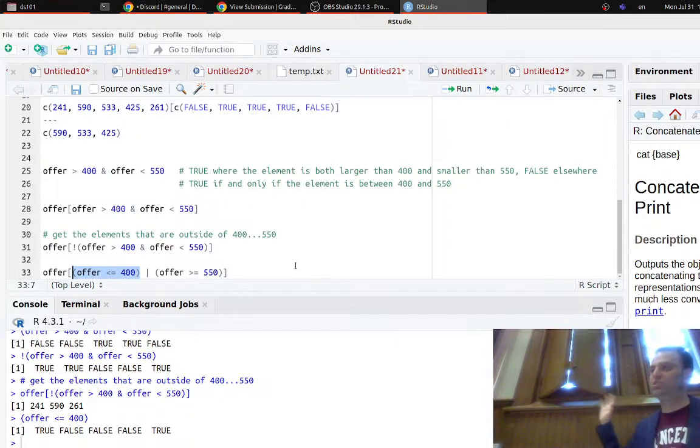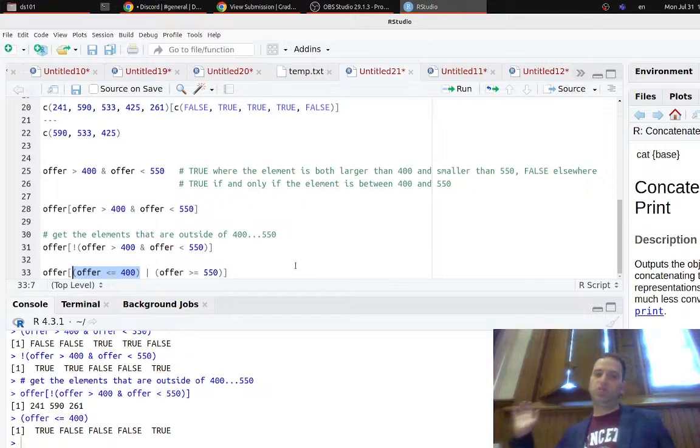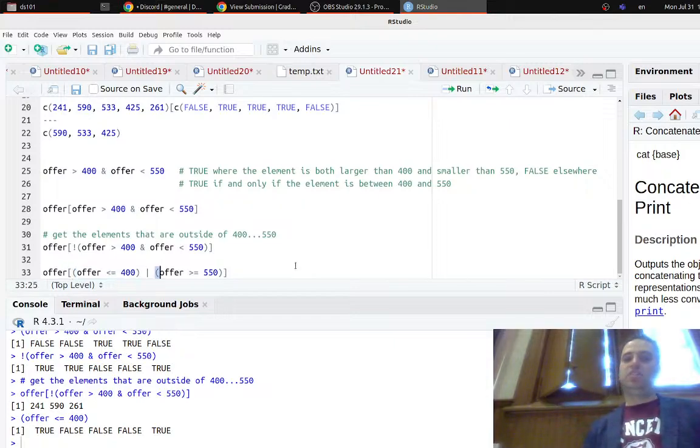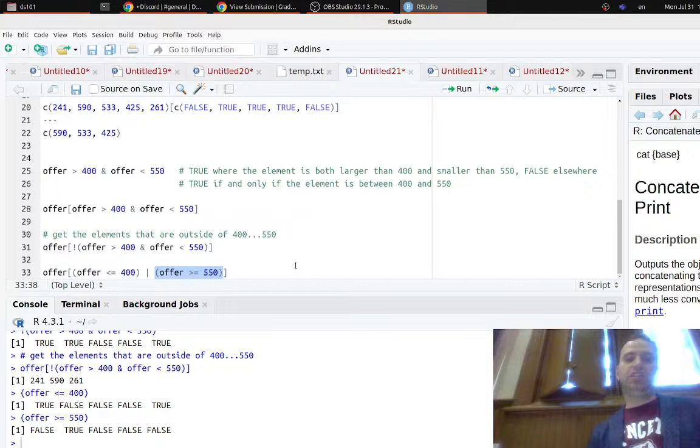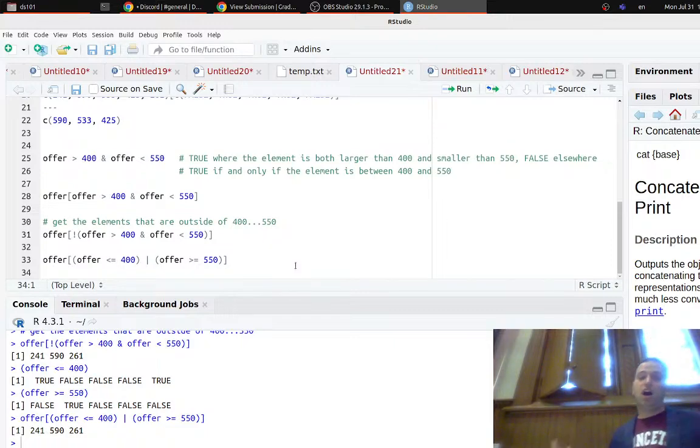And it's true when it's smaller or equal than 400, and it's false otherwise. And this is also a bunch of trues and falses. And then or says if one of those is true, so if it's either smaller or equal than 400, or it's greater or equal than 550, then make it true. So select that element. That would get us exactly the opposite of what we had before.